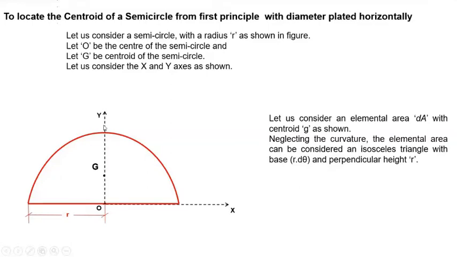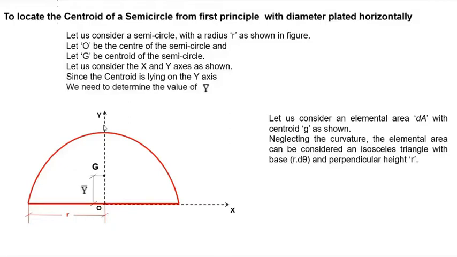Now let us consider the x axis and y axis like this. Since the centroid is lying on the y axis, the x bar value will be equal to 0, right? Next, let R be the radius of the semicircle.